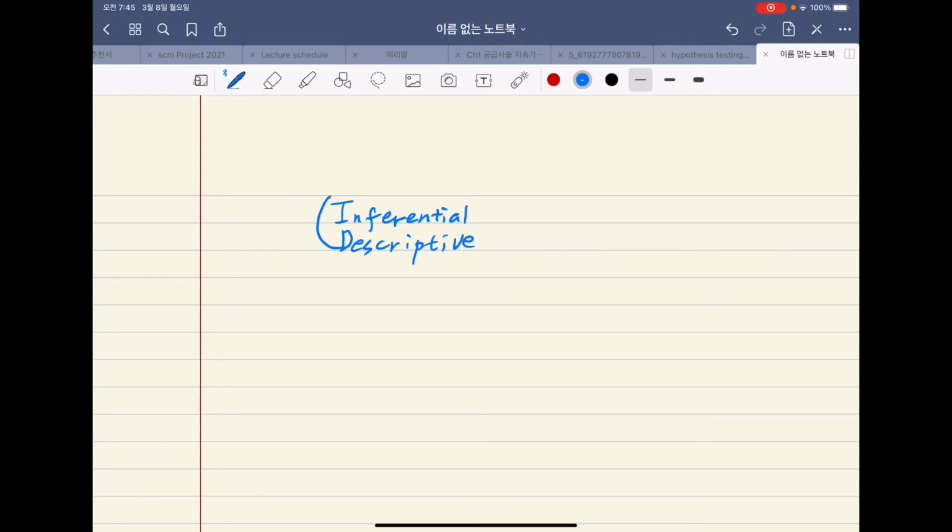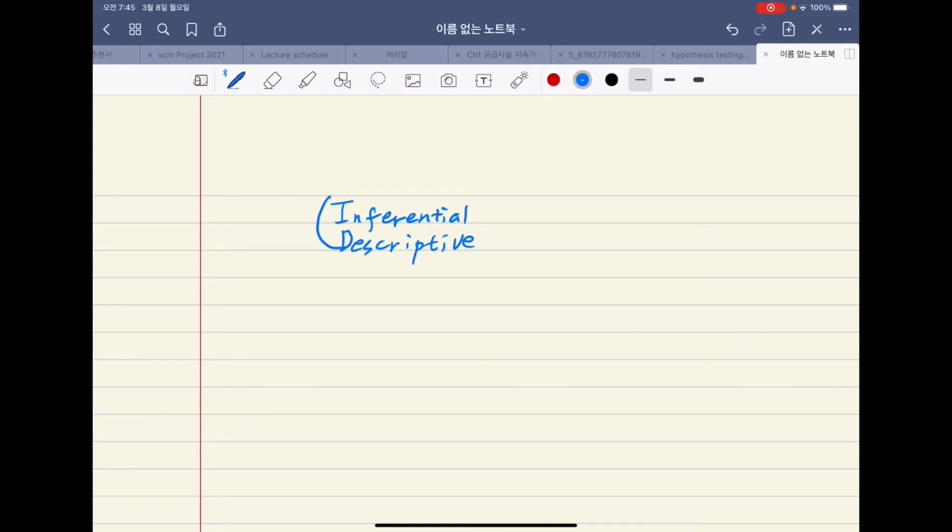Descriptive statistics is about summarizing data by using graphs or numbers like a mean, right? In this semester, we are going to focus on inferential statistics, right?